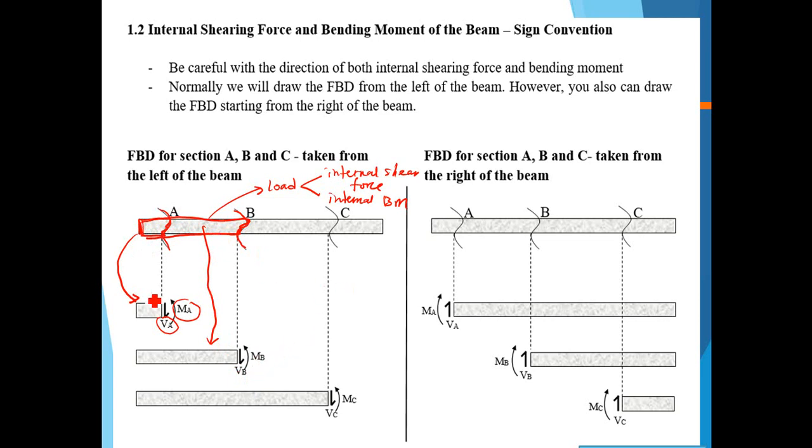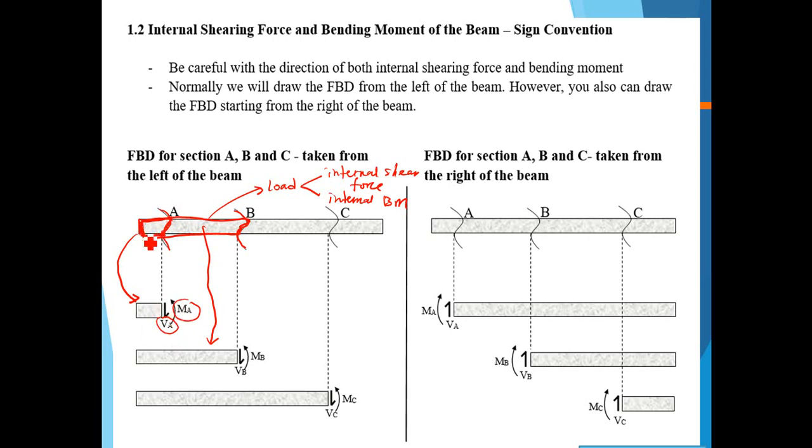To standardize, so that everybody uses the same direction of the internal force, if you analyze the left side of the beam, please draw the internal shear force downward, and the bending moment should be counterclockwise.